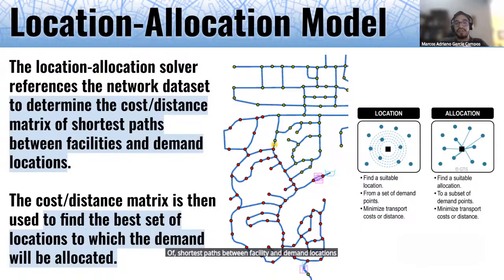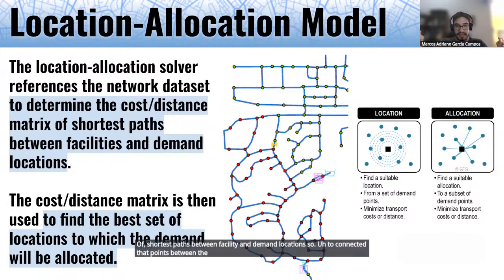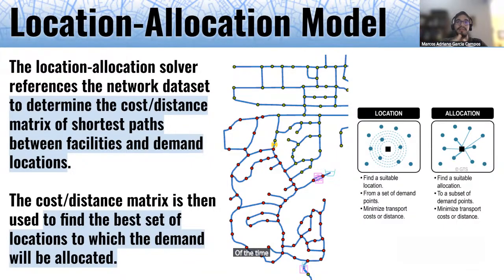So to connect the points between the demand and the facility points will depend on the distance, the time, the cost of that transportation. And the location allocation can study this to give the least cost, the least distance, the least time to connect each point.